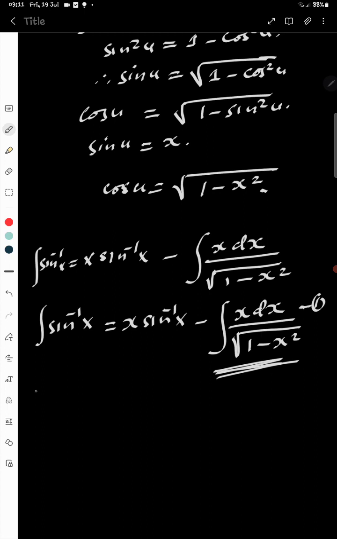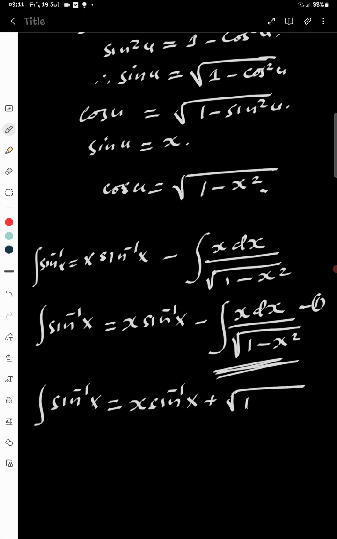When we simplify, we come to the conclusion that it becomes root 1 minus x squared plus a constant.